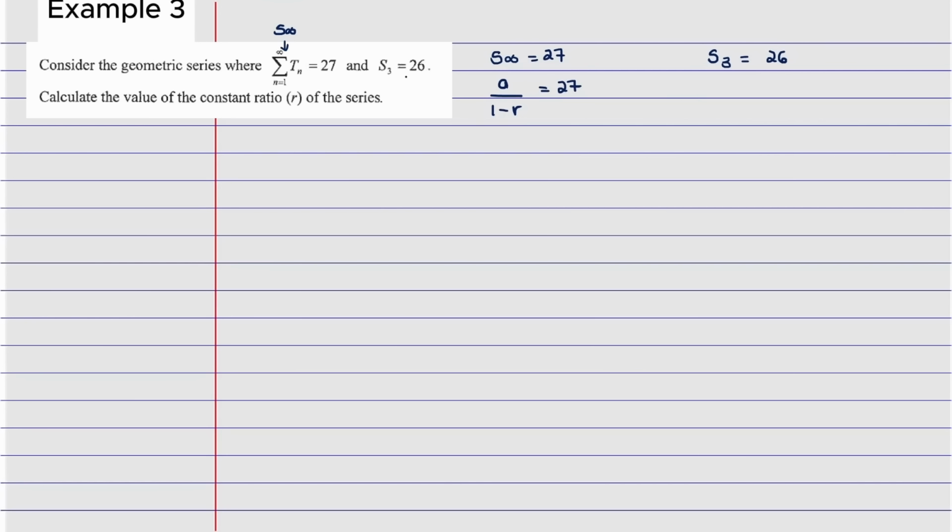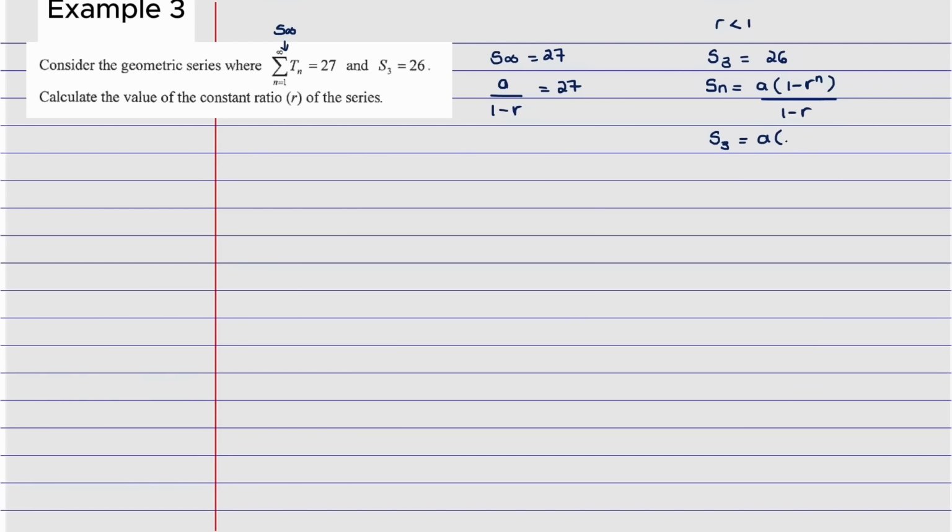Since we can find the sum to infinity, r is definitely less than 1, meaning we need to use Sn is equal to a, open bracket 1 minus r to the power n, and this whole thing is divided by 1 minus r. Now they gave us that S3 is equal to 26, so wherever we see n, we substitute 3.